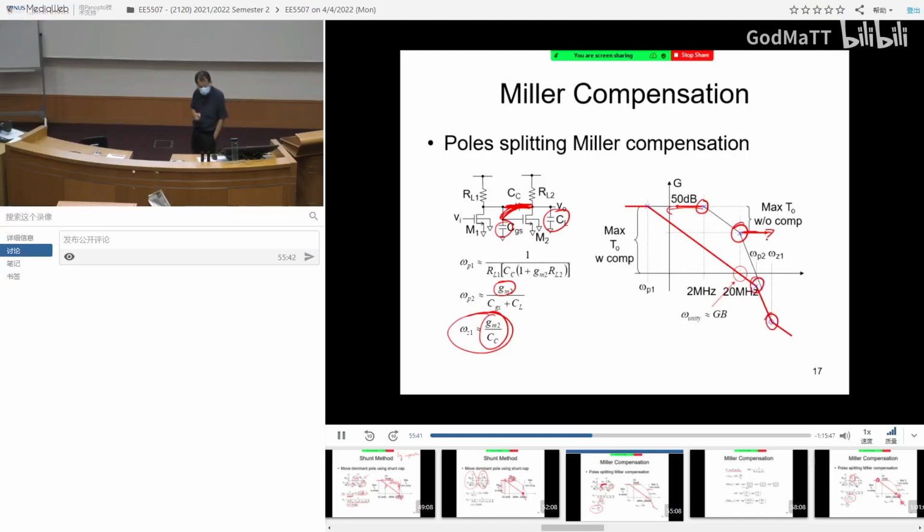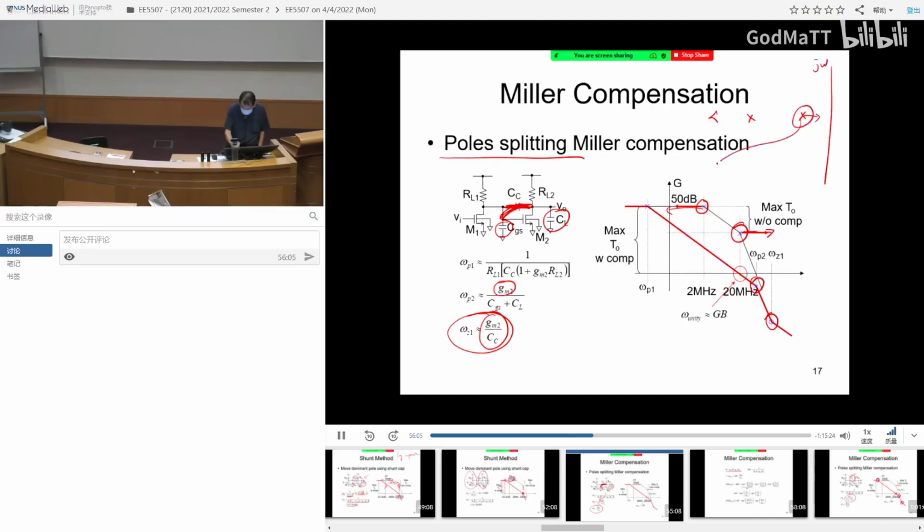Move the non-dominant pole to the right. This is what we call the pole splitting effect. I think last week, if you remember, I showed you that if you have two poles and you introduce something to the loop gain, one pole will move to the left, another pole will move closer to the j omega axis. Pole splitting.